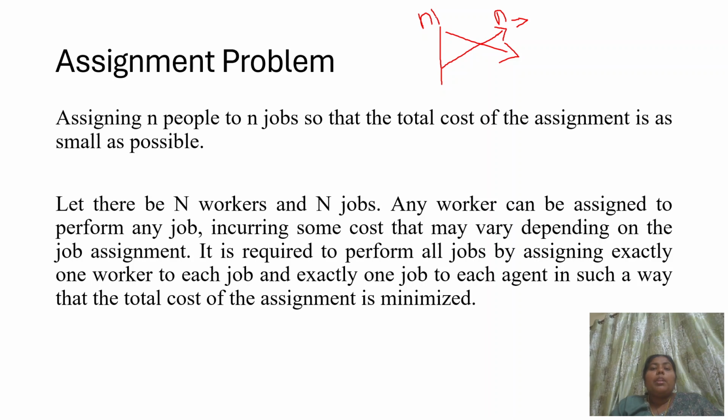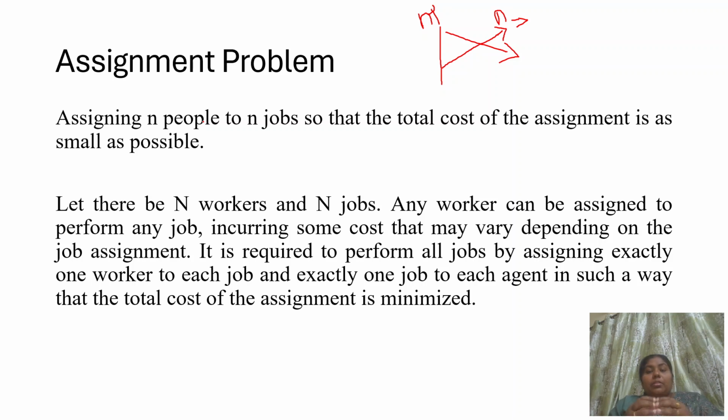N people to n jobs. That is n workers, and we have n jobs. Any worker can be assigned to any job. But one main thing is that there is a cost associated with each assignment. So we have to minimize the total cost of assignment.